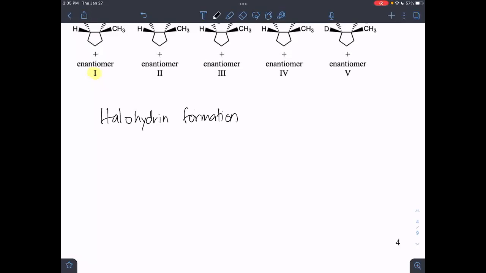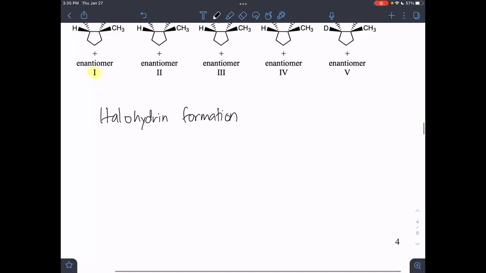The reagents for this are going to be X2, X meaning a halogen, over an alcohol or water. And then this gives you an alcohol, or this gives you an ether.